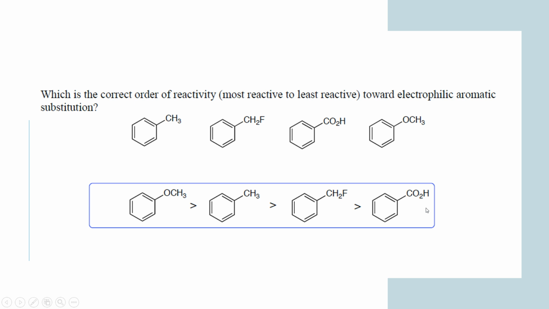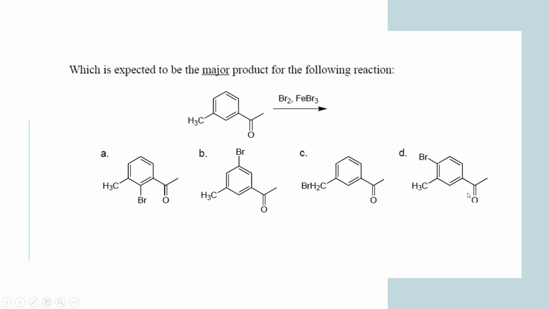And at last, COOH, which has electron withdrawing effect on the aromatic ring, so it will be least reactive towards electrophilic aromatic substitution, and thus you get this kind of series. This will be the correct order of reactivity towards electrophilic substitution.